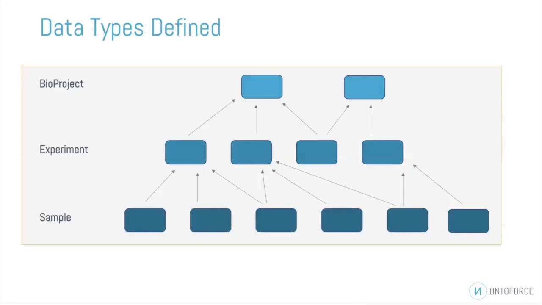So what are the data types we focus on here? And this is a bit of an abstraction of what is available. There is more to this, but these are the main ones. For example, projects, or bioprojects in our case here, which group different experiments together.